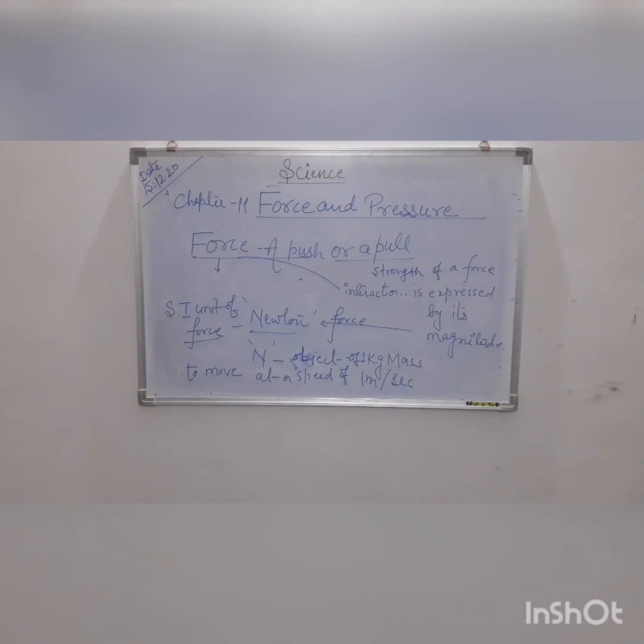We can say that the box will move in the direction in which the larger force is applied by the stronger man. So the box will move in the direction of the larger force.